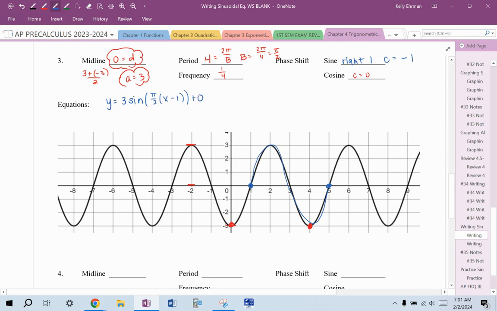I'm just going to write plus 0 just because I'm not sure how we'll need to do it for AP, but you can simplify that if you want. The cosine curve that I marked off that started on the y-axis, and that's important because I have to go off of what I said the shift was, that's a negative cosine curve, so it's got to be negative 3 cosine of pi over 2 times x, no shift, minus 0, plus 0.